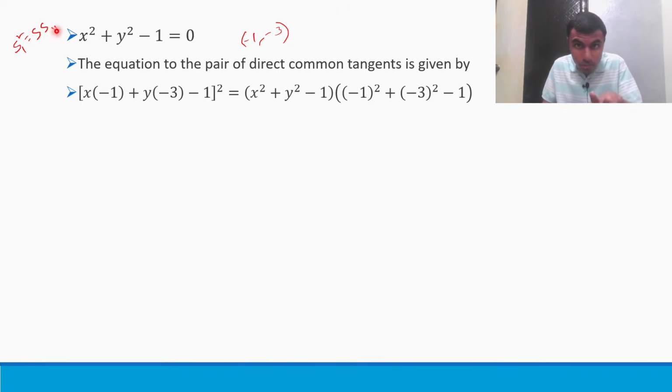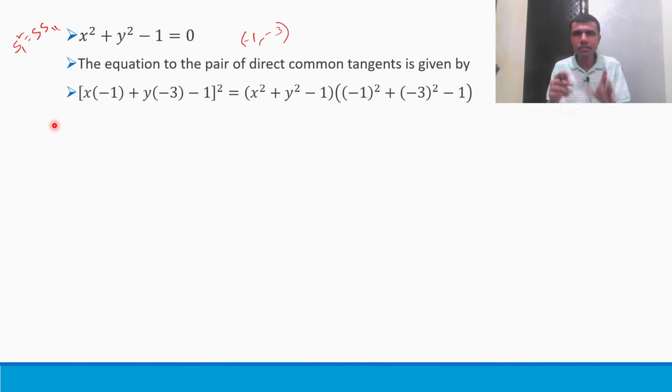S11 means just substitute the value of x and y, put minus 1 and minus 3. So minus 1 square plus minus 3 square minus 1.